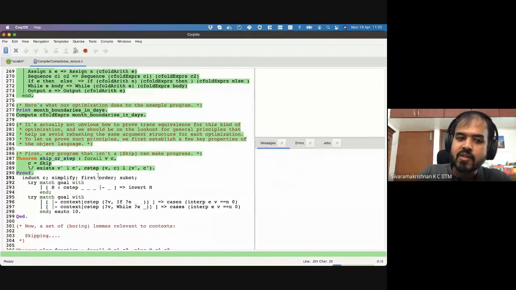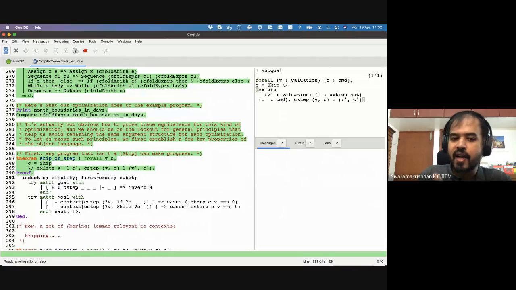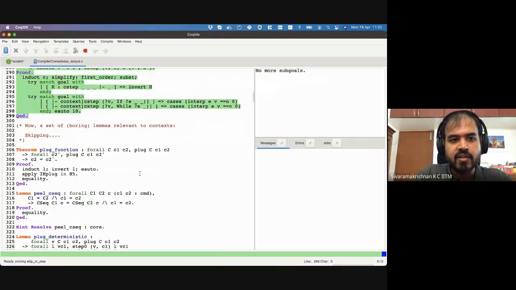The proof itself is not difficult. I am not going to go through the proof in detail. It's just an induction over the command structure, right? If you just do induction on the command structure, it will just naturally fall out. There's no complexity in this proof. I'm going to skip the proof, but if you want, you can step through it and find out what is happening. But that's a property that we have.